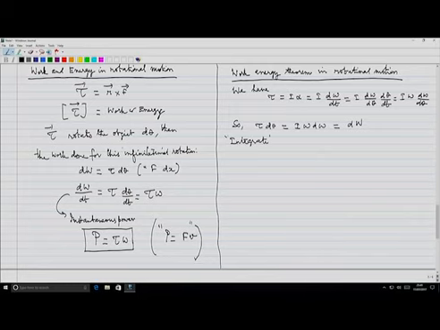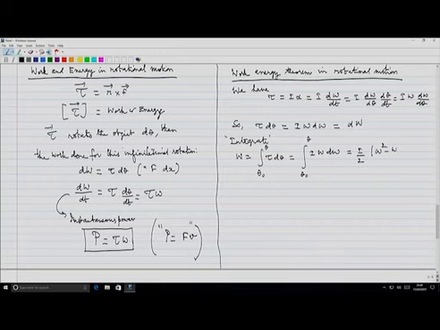We get the integral of tau d theta from theta naught to theta, equal to the integral of I omega d omega. This is I omega squared by 2, so what I will have is I by 2 times omega squared minus omega naught squared.